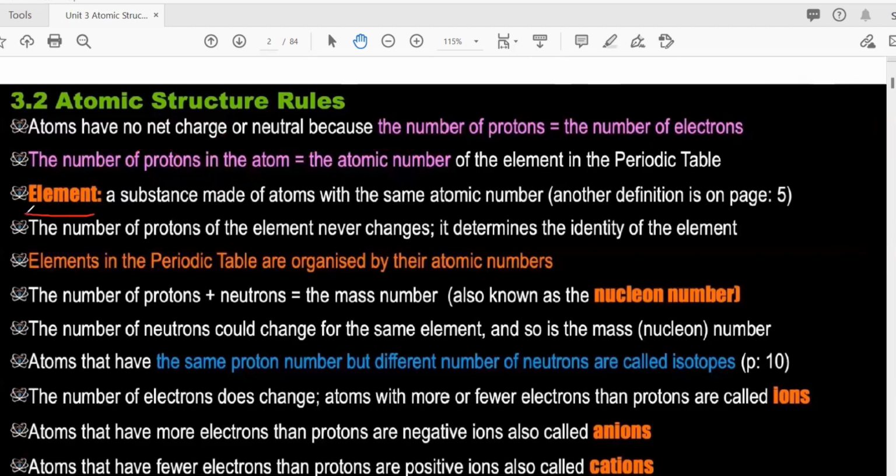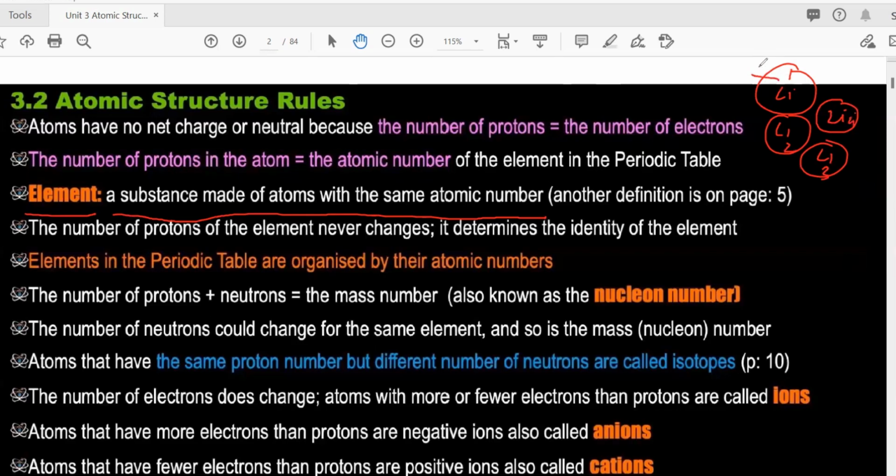Third rule, the definition: what is an element? We already discussed it in the previous one. An element is made of atoms of the same atomic number. For example, let's say you have 4 atoms of lithium: atom number 1, atom number 2, atom number 3, atom number 4.